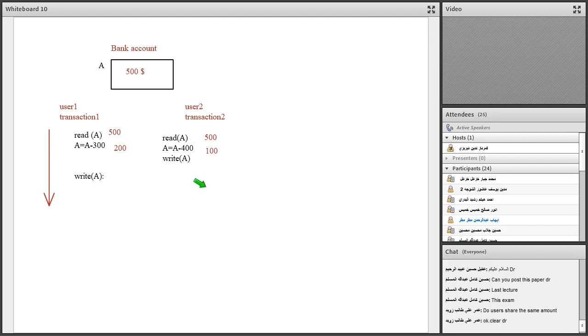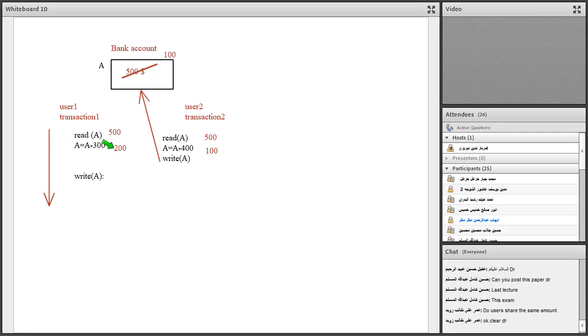It computes this 100 and then writes A. The new A is 100. This transaction writes A to the hard disk, so it will change from 500 to 100. After this, transaction 1 is ending and is trying to write its result to the hard disk.